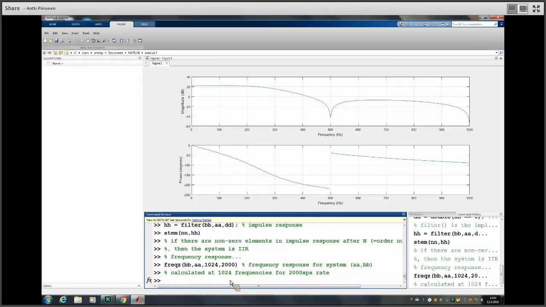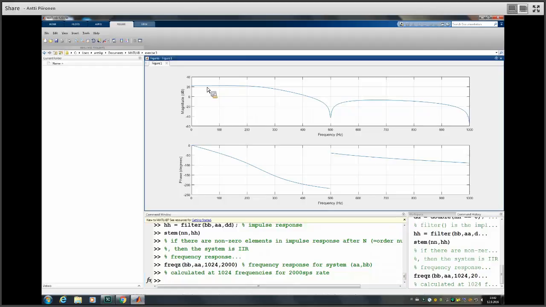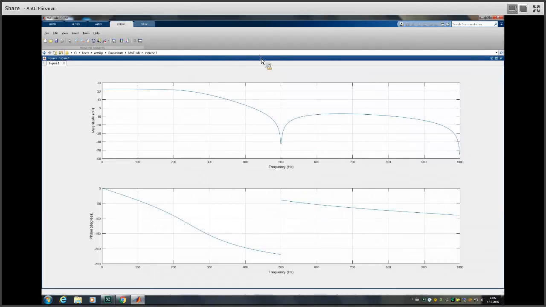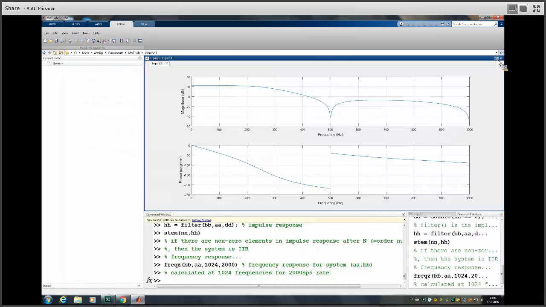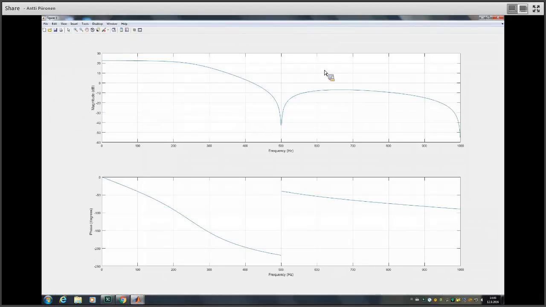Okay. And this is basically how you usually would show a frequency response. Let me zoom it a little bit, so we'll see some things here.